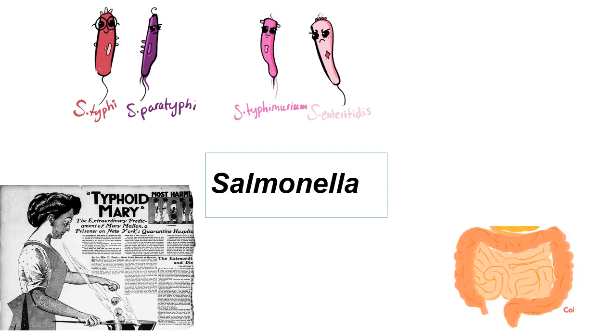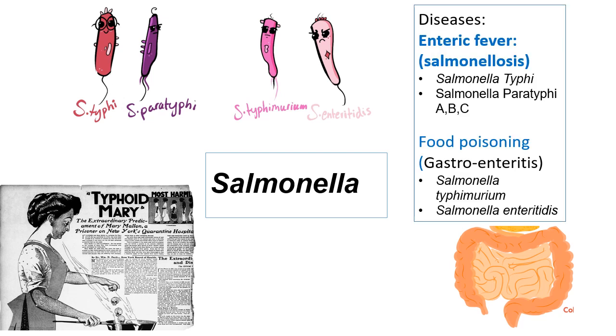Salmonella is a group of bacteria that cause diseases of the gut. We divide them into two main groups: the enteric fever group, which is basically the first two bacteria, Salmonella typhi and paratyphi, and the food poisoning group, or gastroenteritis, which includes the other two.